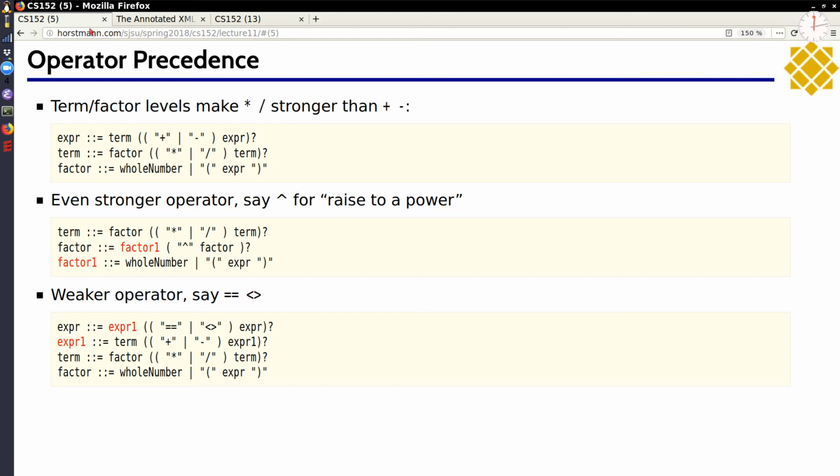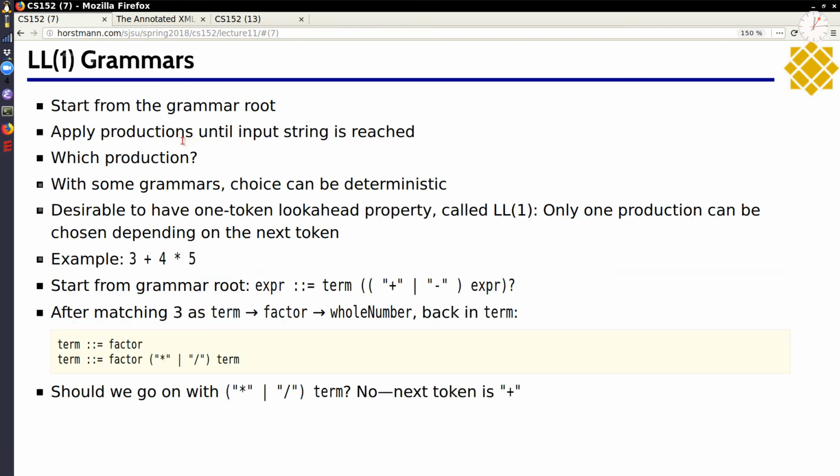And does it take the plus or the minus? So anytime that you have a choice point, there's a potential ambiguity.